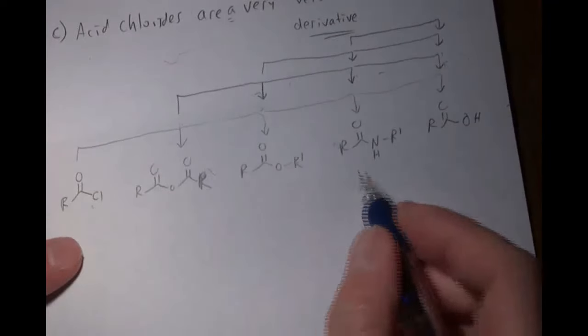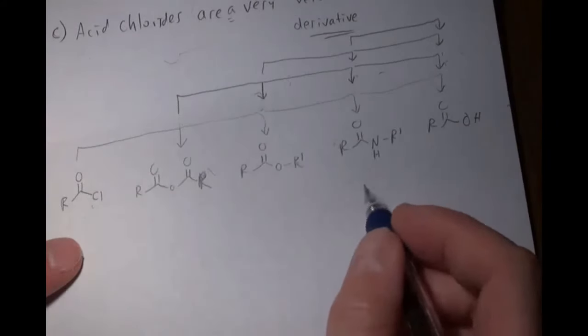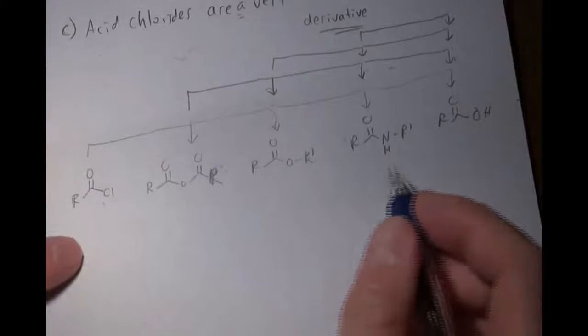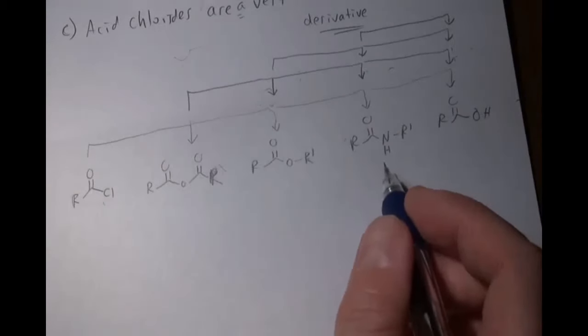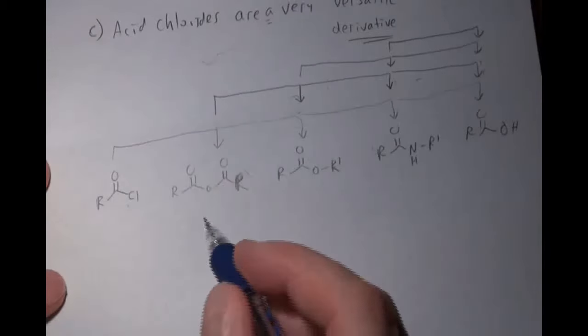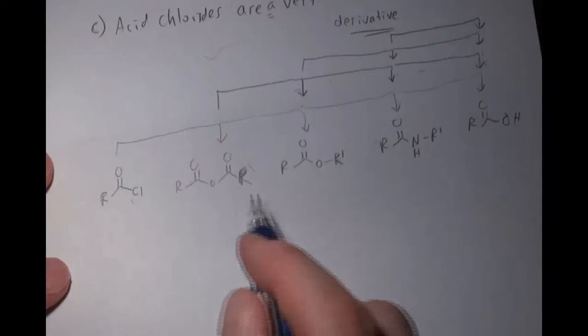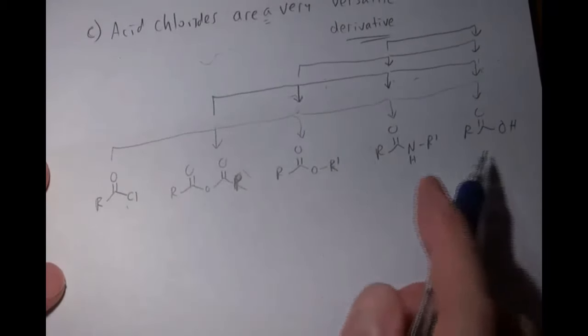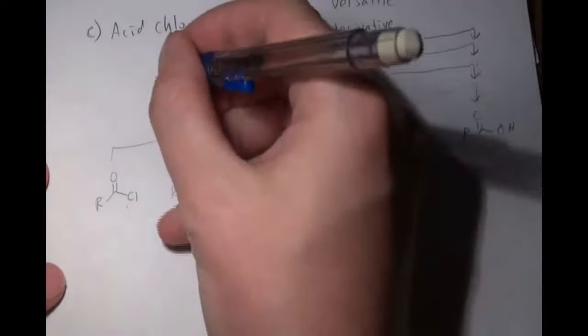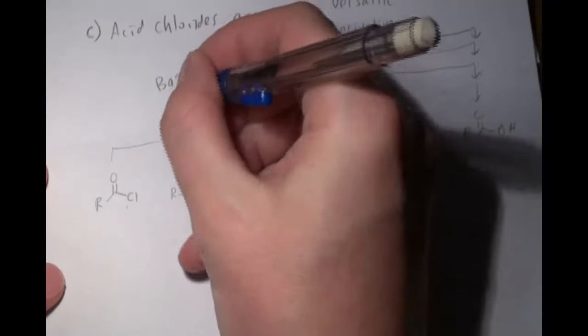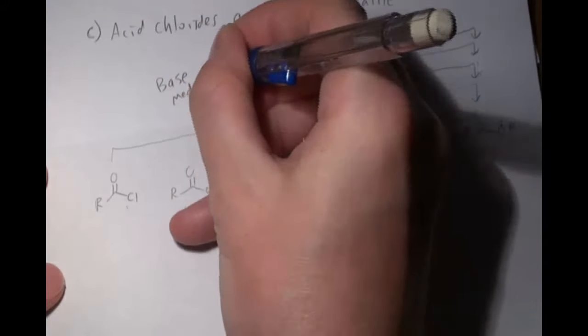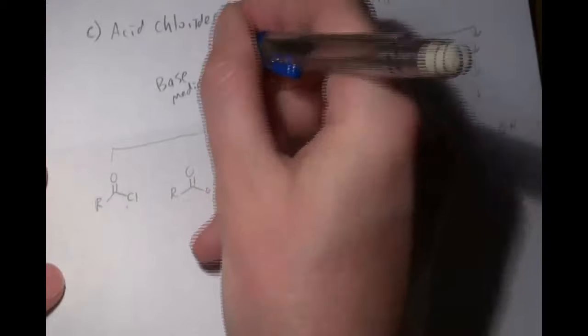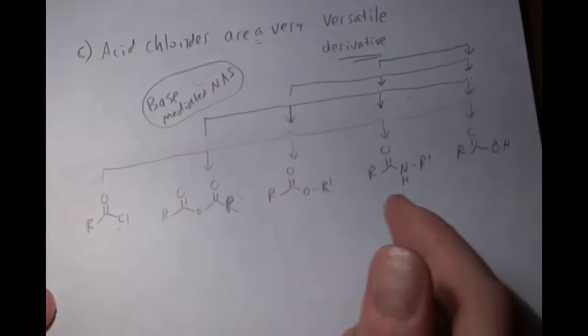It turns out that an amide is actually a pretty stable functional group and a little bit unreactive, but there's ways to do this. So it looks like it's really easy to go from left to right. Very easy to go from left to right. And these are all essentially base-mediated NAS on the top here.